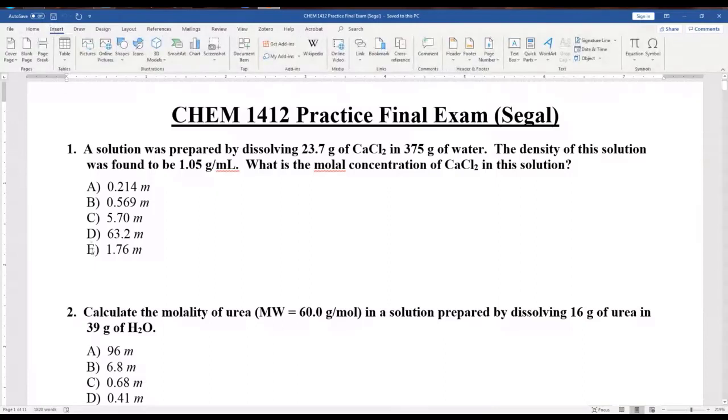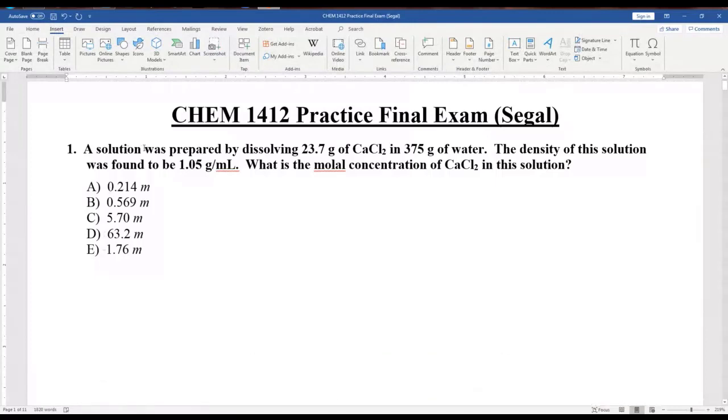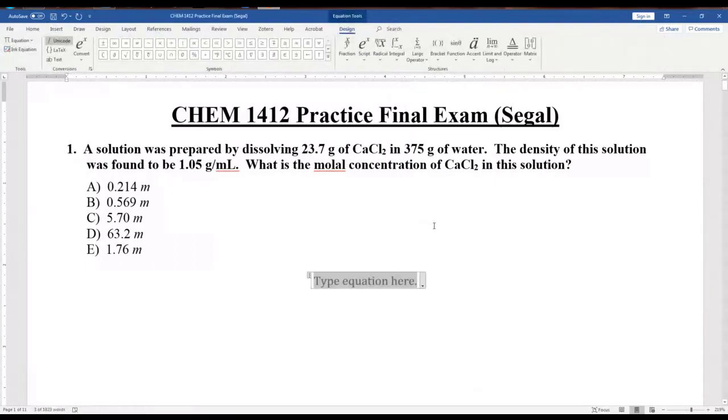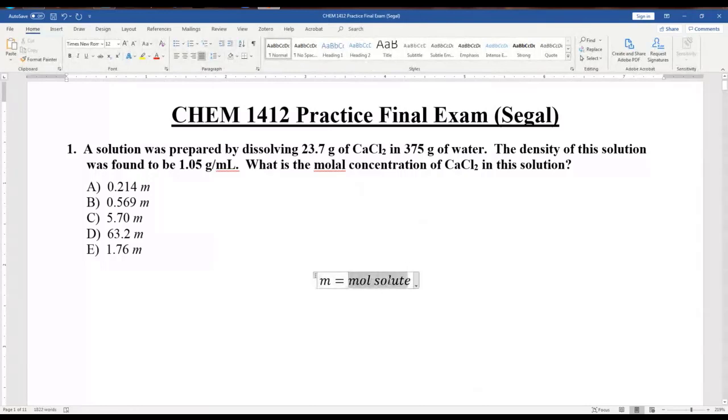Okay, so the first thing that we want to do here is recognize what on earth is molality. Let's go ahead and insert an equation here. Molality, you should know, is essentially the moles of solute divided by what?